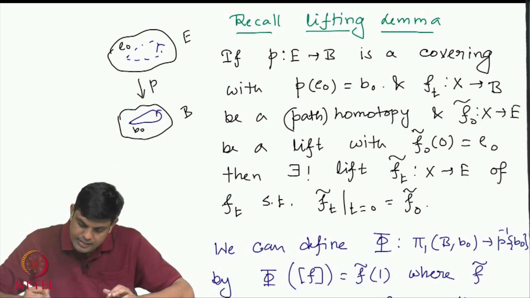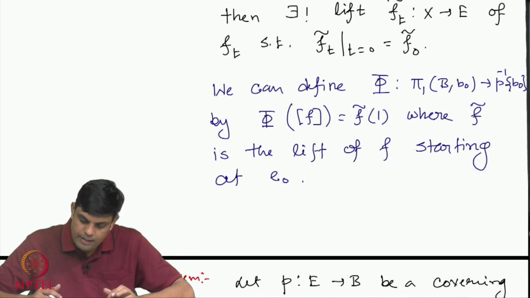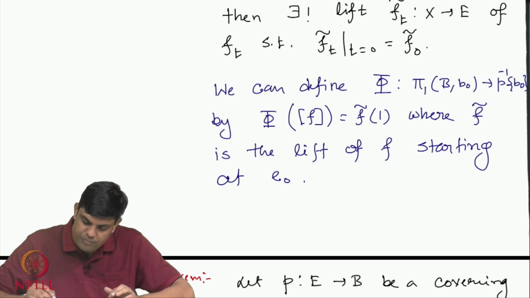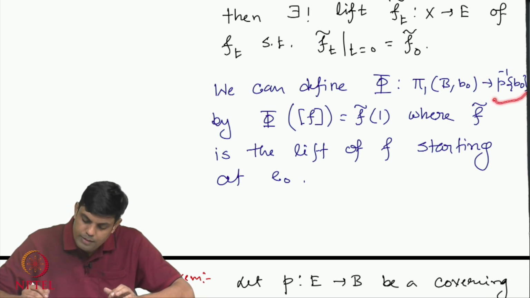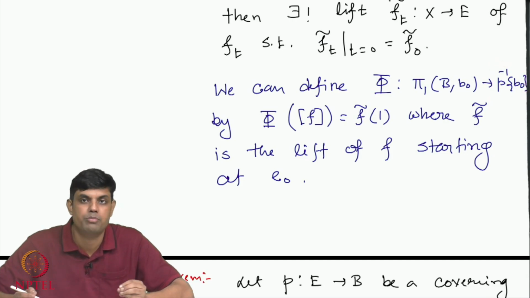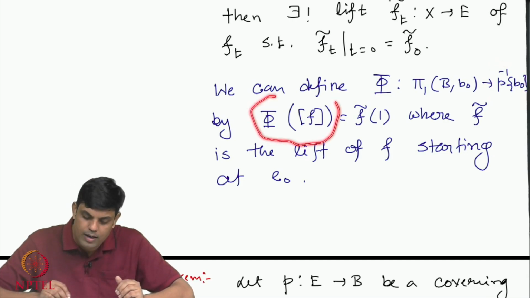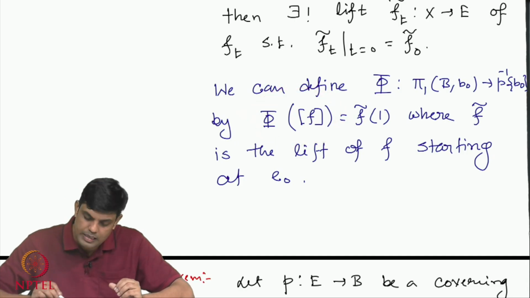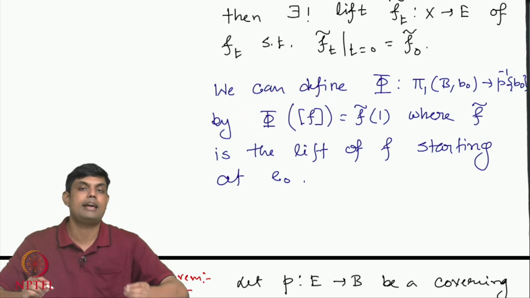Now, using this we can define what is called the covering correspondence, which is the following. I define a map from the fundamental group of the base space to all the points in the inverse image of my base point B0 by the following: phi of a loop f goes to f tilde of 1, where f tilde is the unique lift which starts at E0.